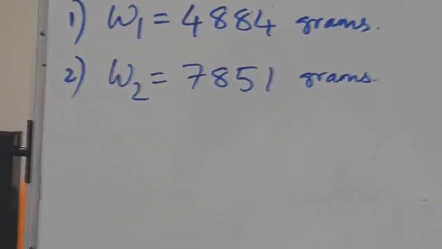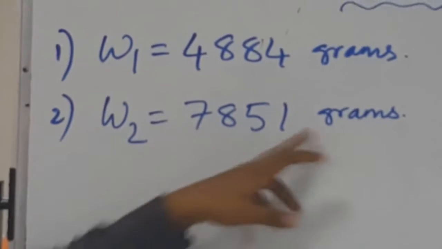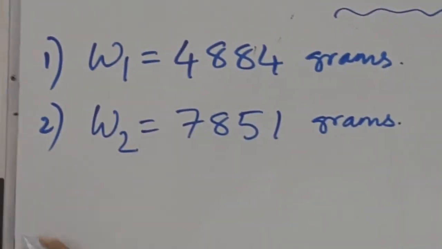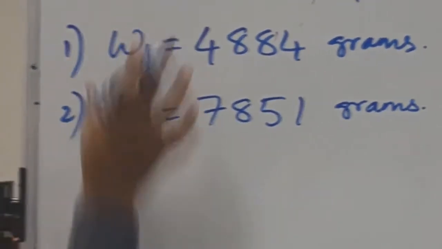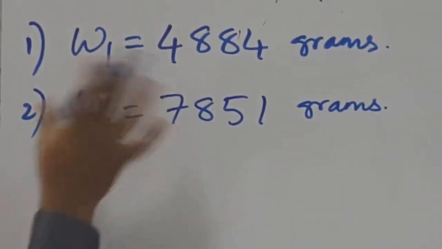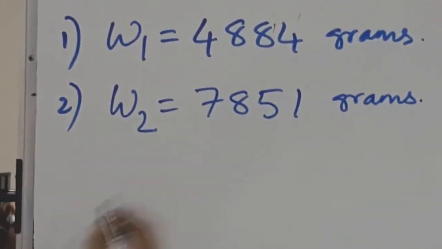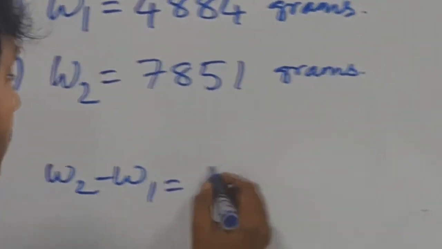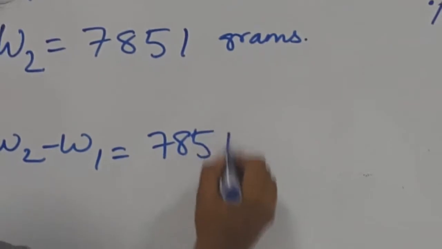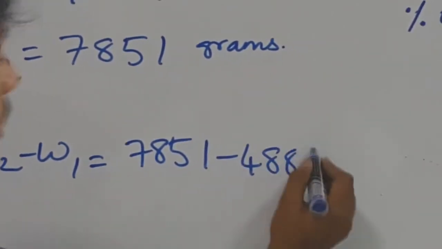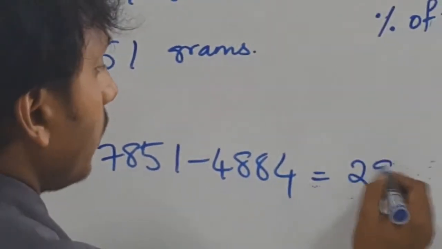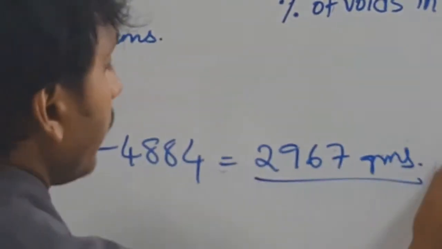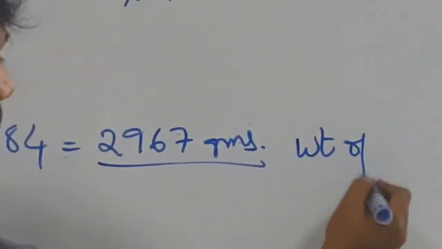To calculate the volume of mold, we first take only the weight of water. The weight of water is W2 minus W1. It is 7851 minus 4884, that is 2967 grams. This is the weight of water.